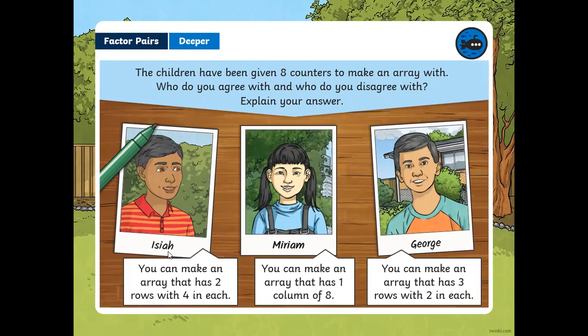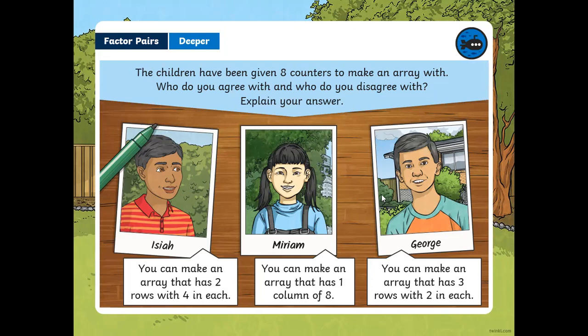Isaiah says you can make an array that has 2 rows with 4 in each. Miriam says you can make an array that has 1 column of 8. And George says you can make an array that has 3 rows with 2 in each.